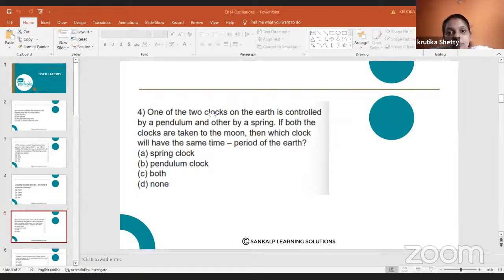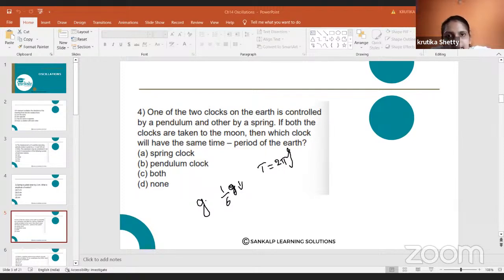When it is taken to the moon, whatever the acceleration due to gravity is there, as we know from school level, the acceleration due to gravity on the Earth, suppose it is g, on the surface of the moon it is 1/6 of the value of g. So it is reduced. So what is your equation of time period here? The time period equation for a simple pendulum is 2 pi under root of L by g.